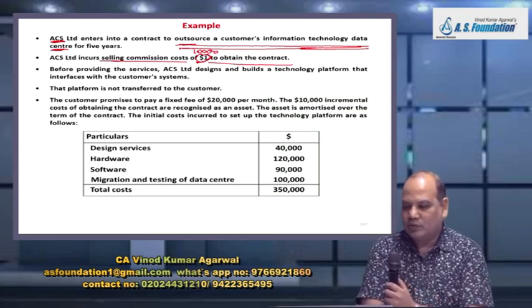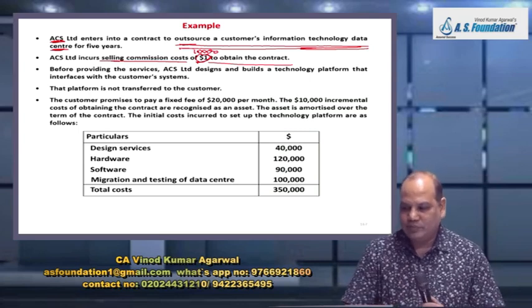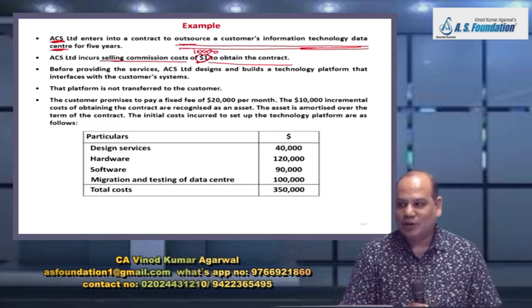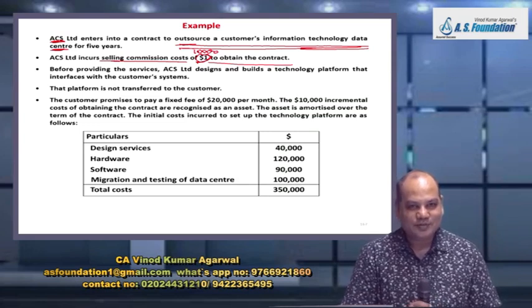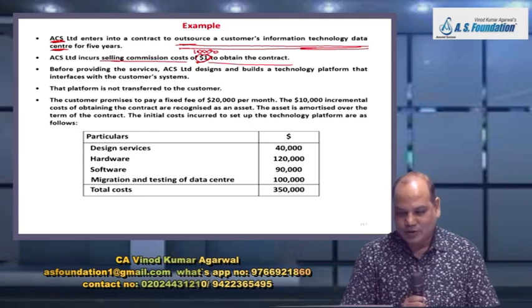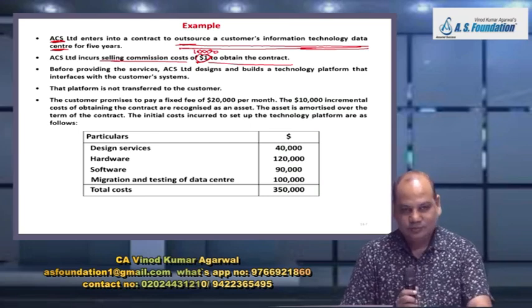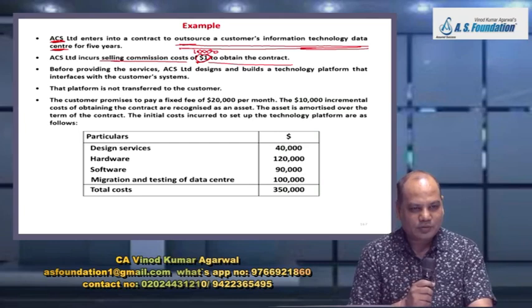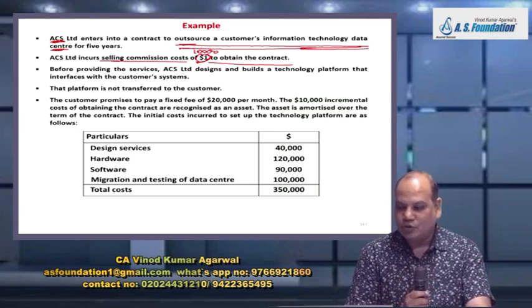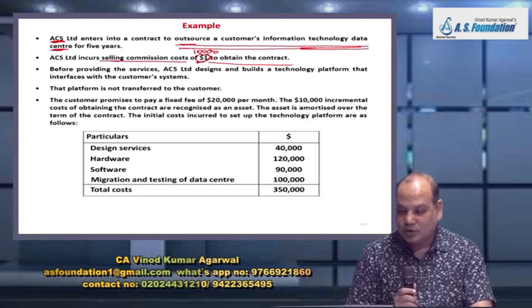So selling commission of $10,000 to obtain the contract. Is it incremental cost? Say yes or no. Yes, because this cost would not have been incurred if you would not have got this contract.